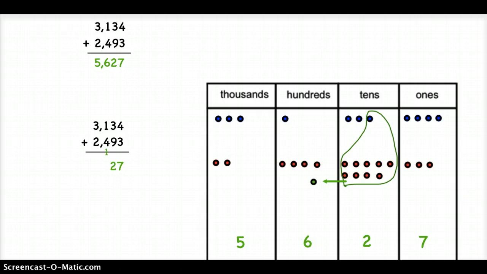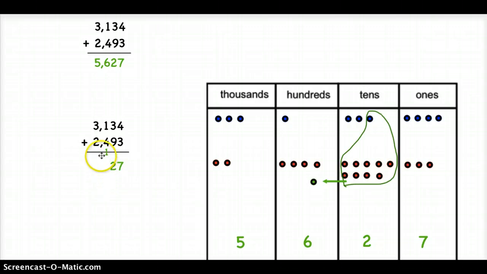Now notice a different way that I'm referencing the regrouping or the bundling here. I know back when I was younger, and maybe the traditional way that other people learn this, we put our 1 on the top. I suggest that we put the 1 down here.